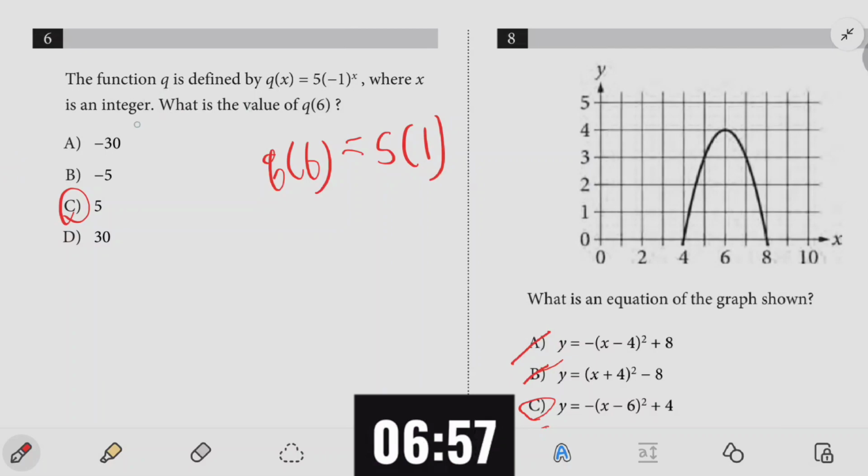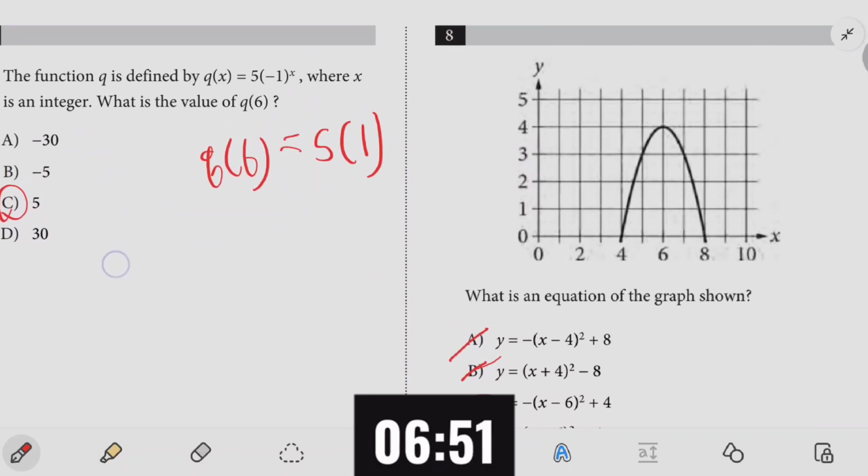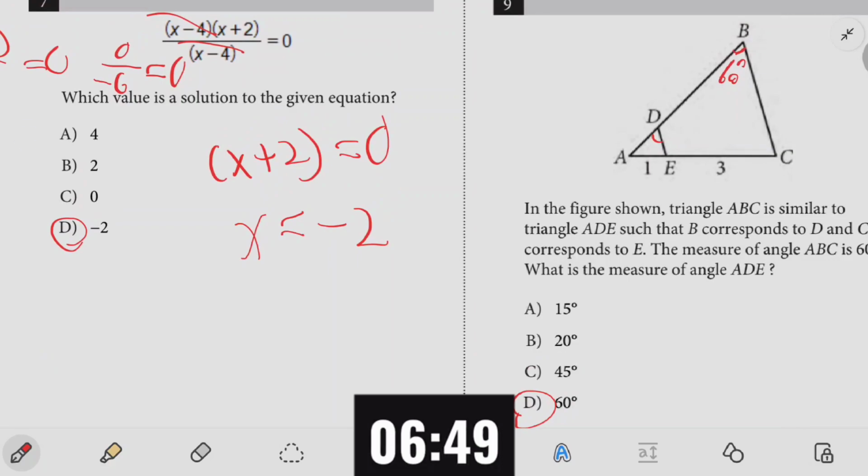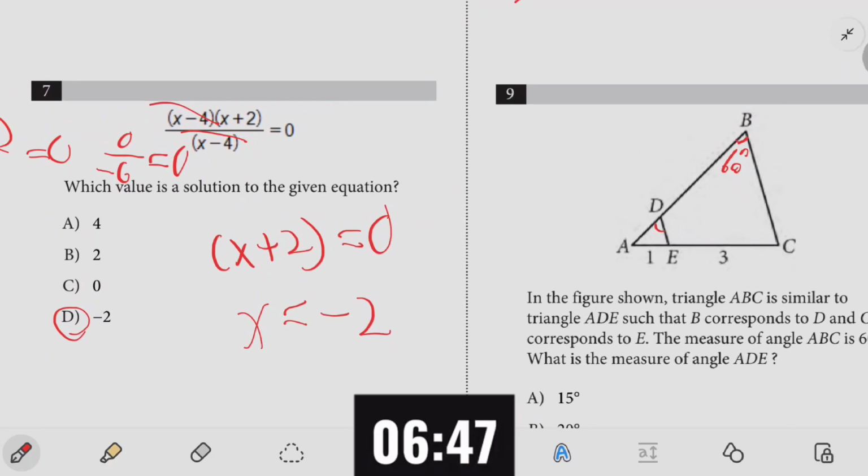Function q is defined where x is an integer. If you plug in 6, you get -1 to the 6, which is basically 1, and then you get 5. What is the value of the given? What is the solution? Okay, this is a tough one again. It should be -2. I don't see it being anything else. Zero divided by 0 is 0, I think.